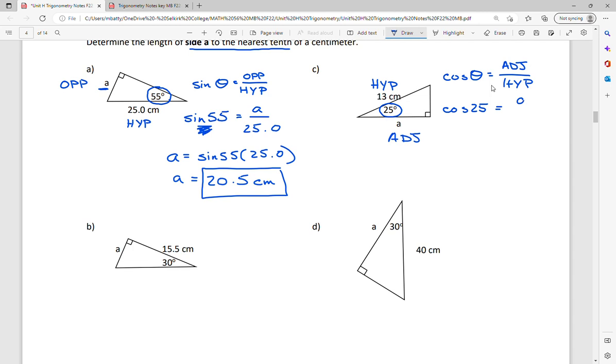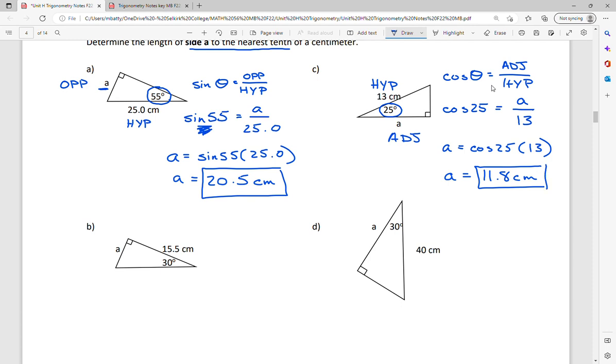So adjacent is my A, and my hypotenuse is 13. Again, you could think of cross multiplying or clearing your denominator. Either way, we'd get A is equal to cos 25 times 13, or 13 times the cos 25, gets to the same place. So A in this triangle ends up being 11.8 centimeters as we round to 1 decimal place.